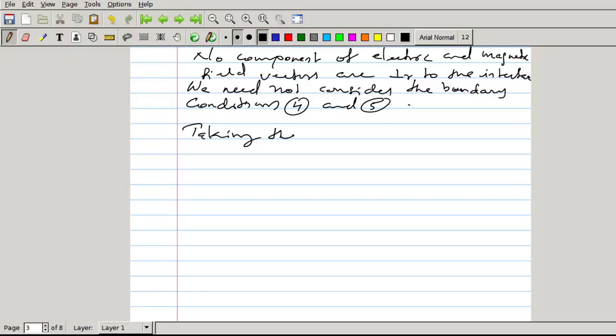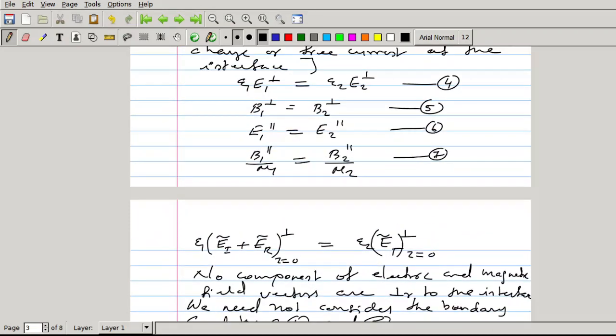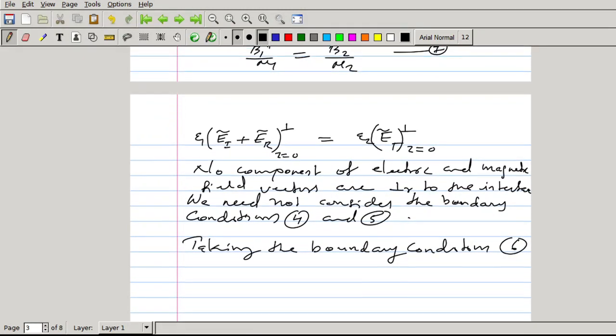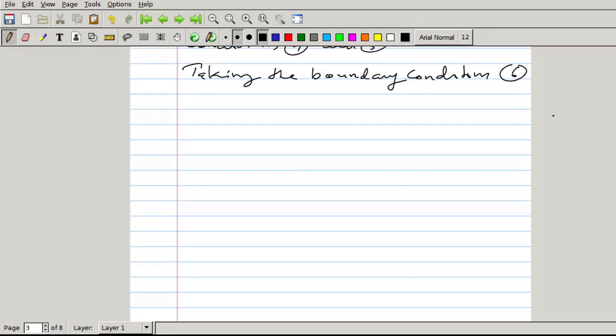Now taking the third boundary condition, equation 6. What is equation 6? Equation 6 is E1 parallel equal to E2 parallel. What is E1 parallel?